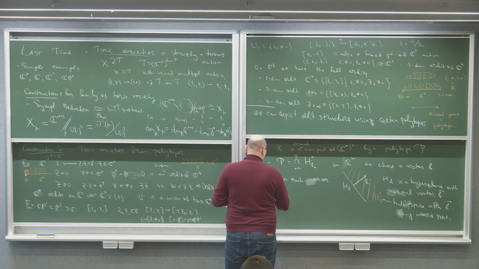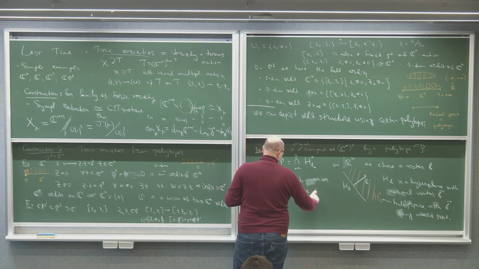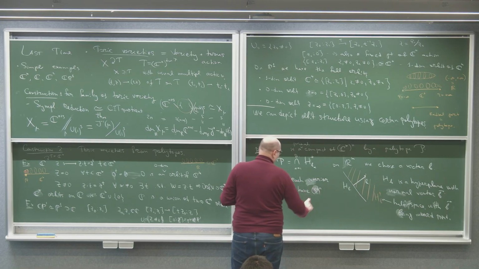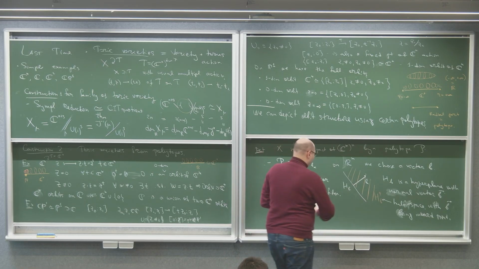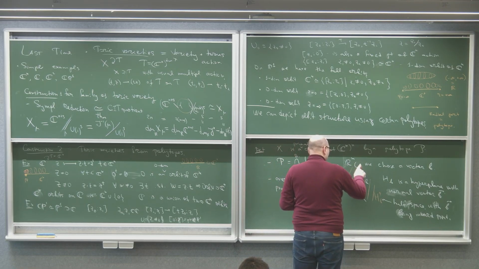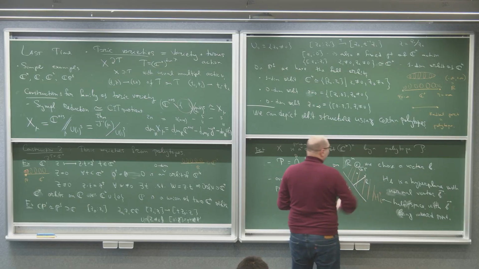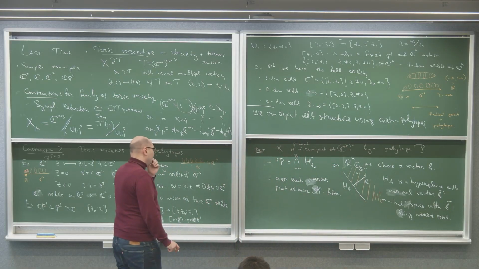So over each point, we have an n-dimensional real torus sitting over it.